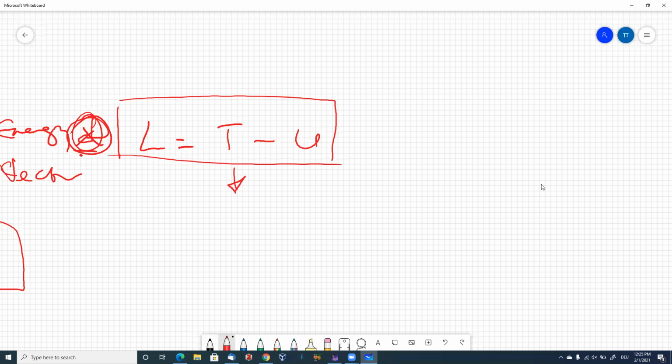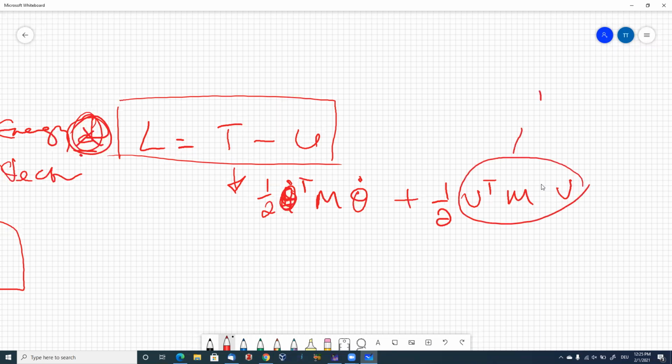This kinetic energy is also a combination of the linear and the rotational components, which is 1/2 angular velocity transpose, mass, theta, plus 1/2 v transpose, mass, v, something like this. This is just to mean 1/2 of mv squared, which for a particle you can represent like this.